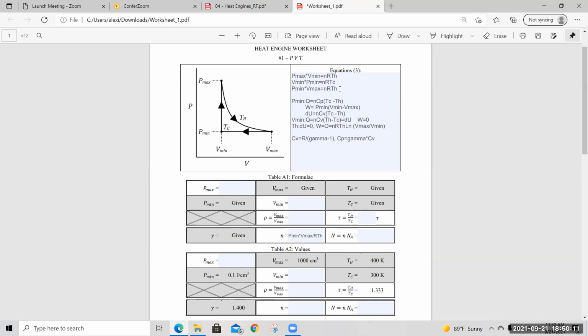Also, now we need to talk about the processes. We wrote the first process at constant pressure Pmin. This process takes us from a volume Vmax down to a volume Vmin. The temperature changes from TH down to a temperature Tc. This process is an isobaric process because the pressure doesn't change. In that case, the heat Q is equal to n Cp, the molar specific heat at constant pressure, times the difference in temperature.